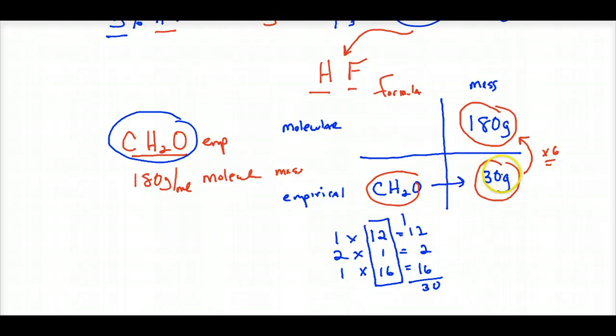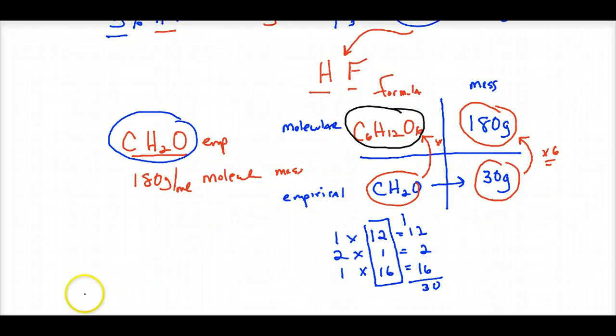So if I times everything by 6 to get 180, I times everything by 6 here. 6 times 1 carbon is C6. 6 times 2 is 12. And then 6 times O is O6. And my answer, party people, is C6H12O6.